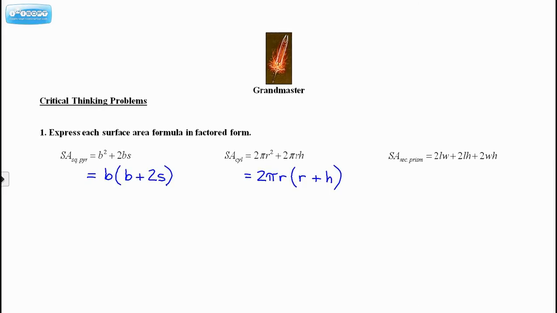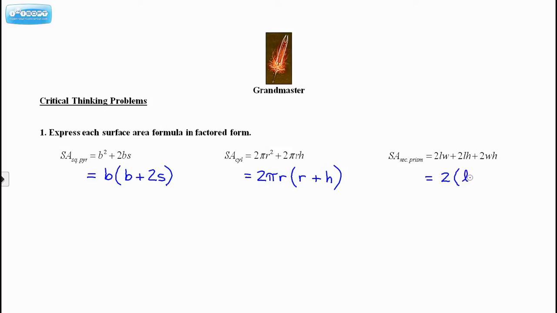And the surface area of a rectangular prism, just a closed box. Looking at each term, I can factor out a 2, definitely. I can't factor out an L because the last term doesn't have one. And I can't factor out a W because the middle term doesn't have one. In fact, that's all I can factor out is that 2.